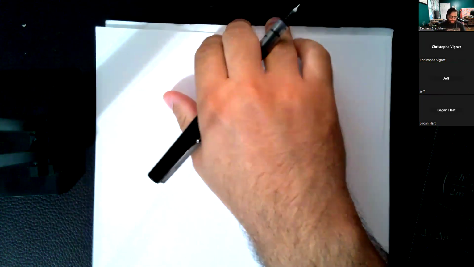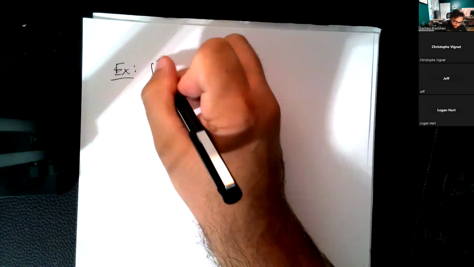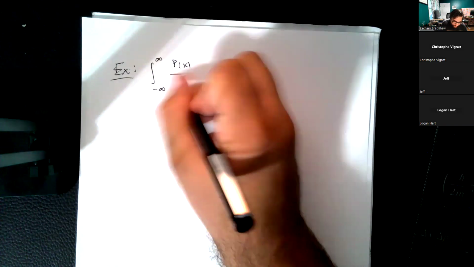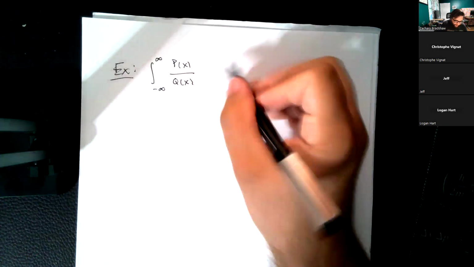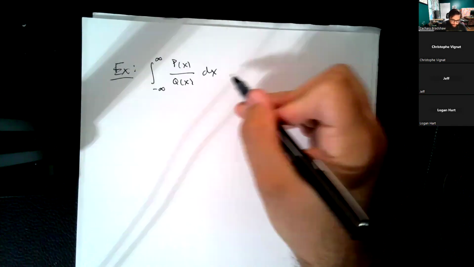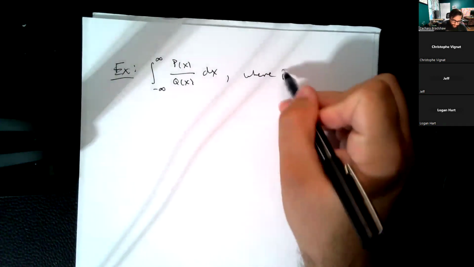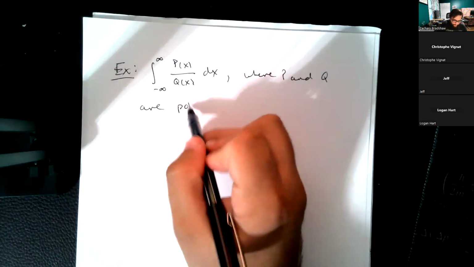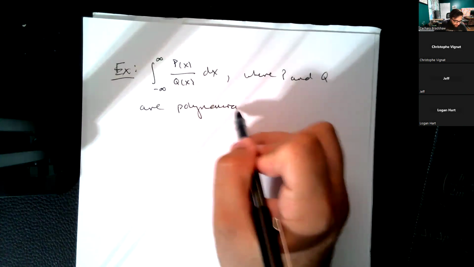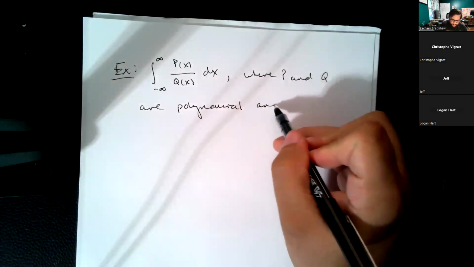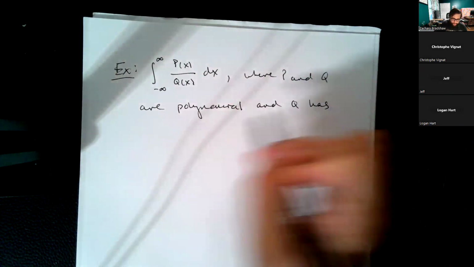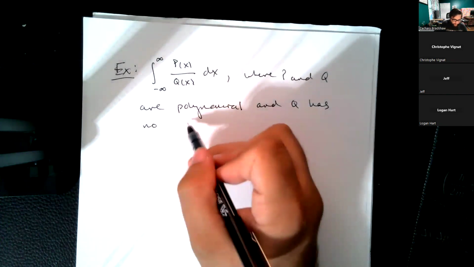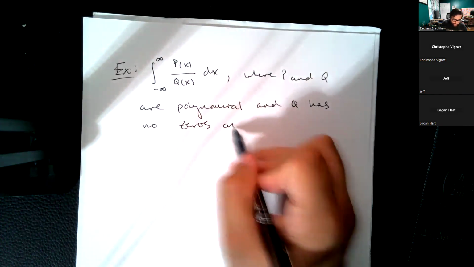Okay, here's another example. Zeros on the real axis.